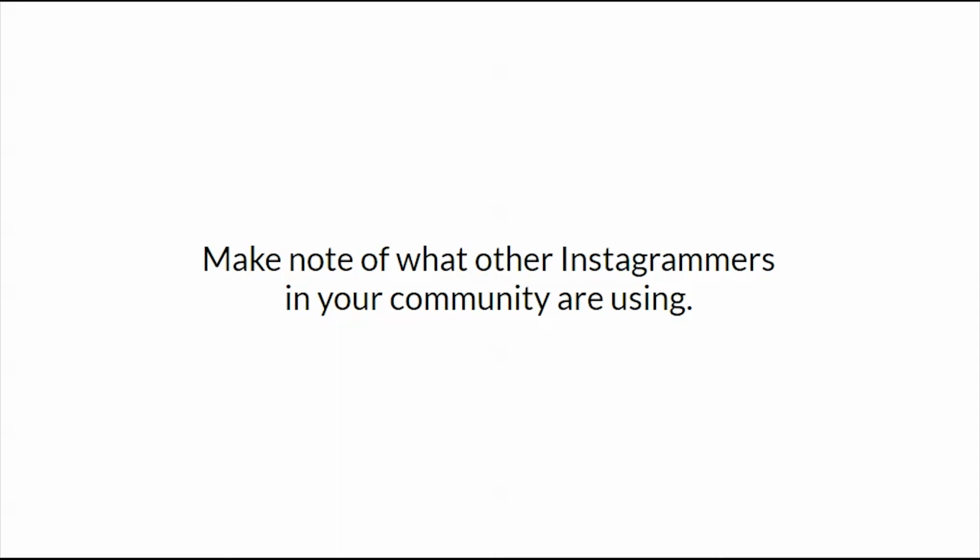Another great way to find hashtags that tend to be working well for other users is to make note of what other Instagrammers in your community are using. For instance, if you notice an account that's been doing really well lately, or that their particular post has been doing very well, I would take note of what hashtags they are using for that post. Go ahead and write them down on your phone, or make yourself a hashtag group in Preview following what that Instagrammer has done.